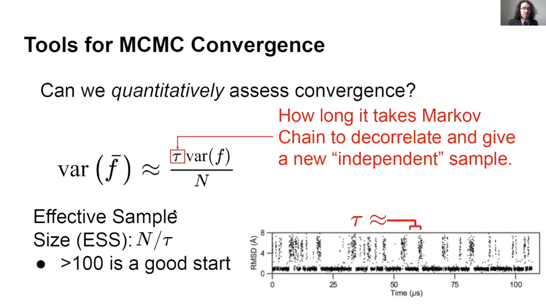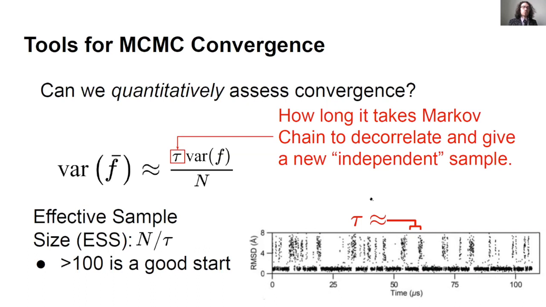Often this is given in terms of the effective sample size, so N over tau. And having an effective sample size of greater than 100 is probably a reasonable start to be confident in your model. Although, of course, this is very application dependent.